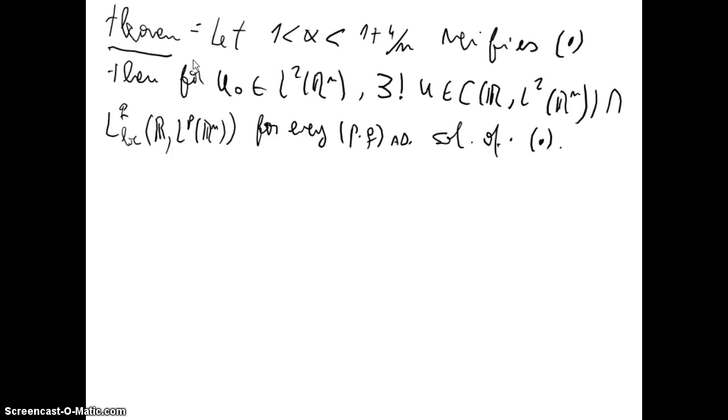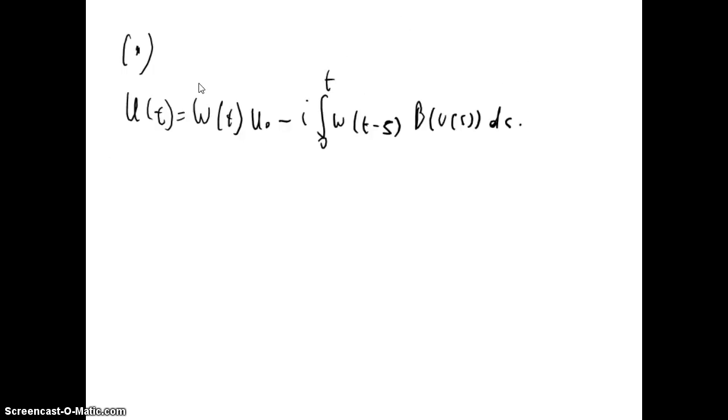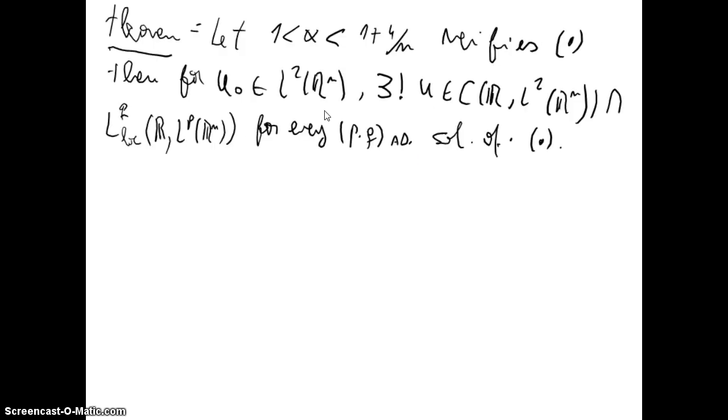So finally, theorem: let alpha be between 1 and 1 plus 4 over n, and b verifies the condition we recall. Then for u naught in L2 there exists a unique u in C(R; L2(R^n)) intersection L^q_loc(R; L^p(R^n)) for every admissible pair (p,q), a solution of the integral equation we just saw.